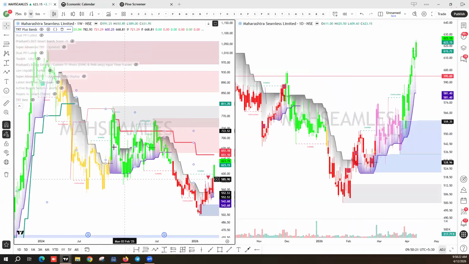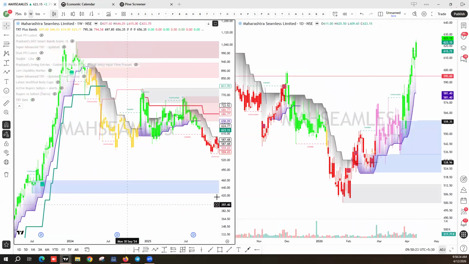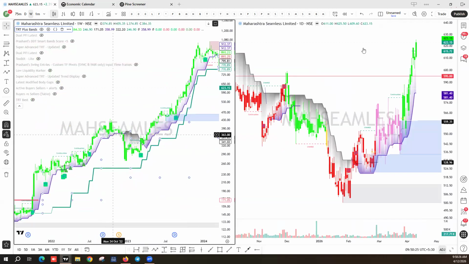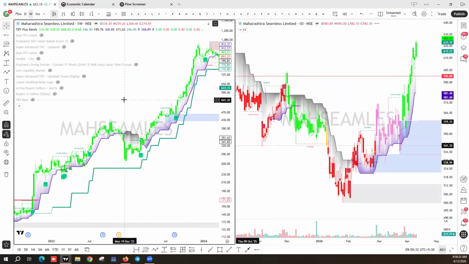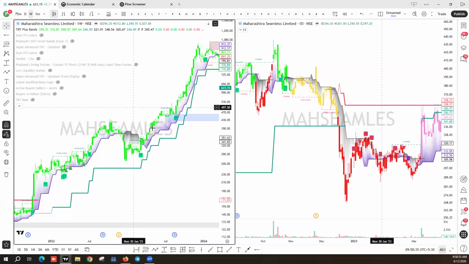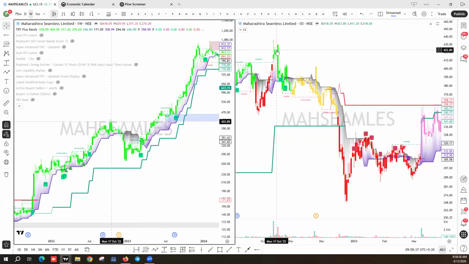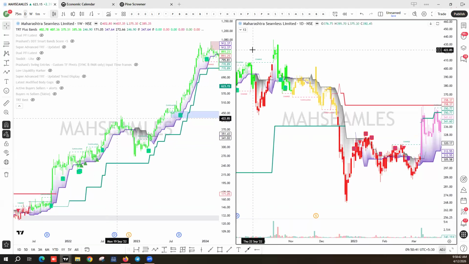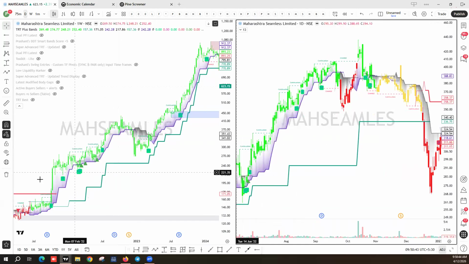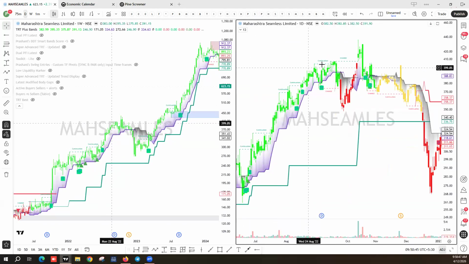Like suppose, we'll check this location. So when you notice this retracement, it is green, green, green, and it is giving a small retracement, it will change the color on lower time frames.